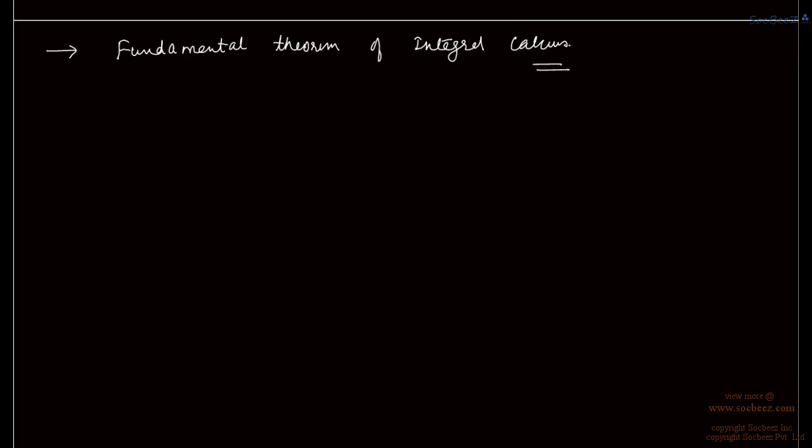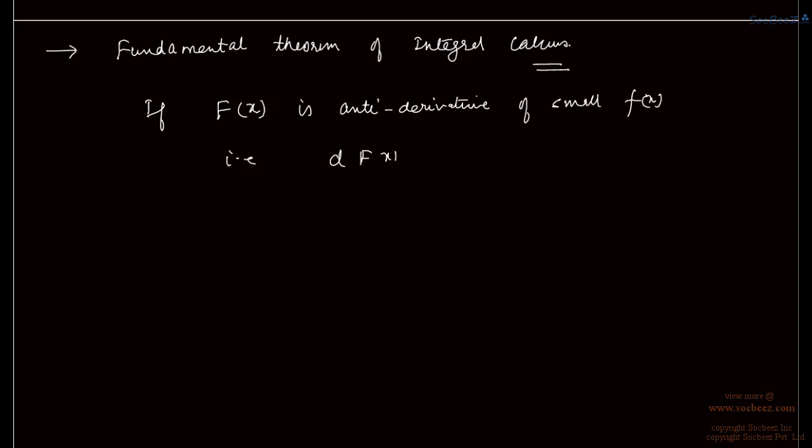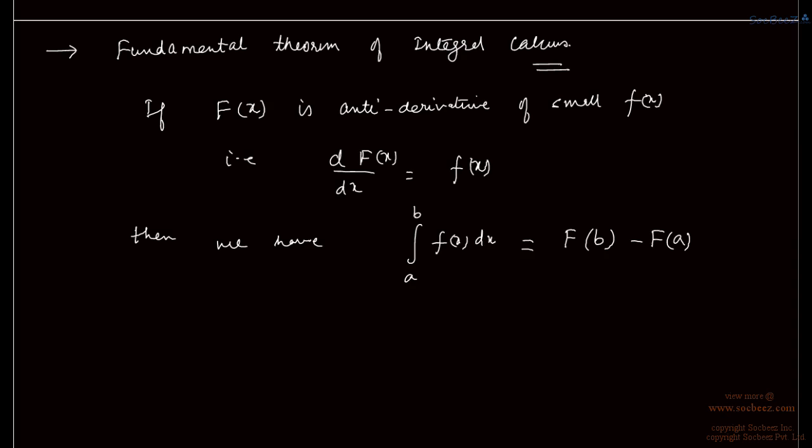This theorem says that if capital F(x) is an antiderivative of small f(x), that is, dF(x) upon dx is equal to f(x), then the value of the integral of f(x) dx from x equal to a to x equal to b will be equal to capital F(b) minus capital F(a).